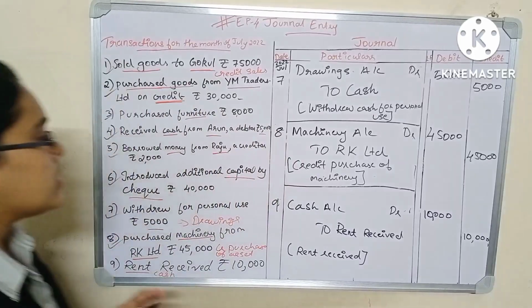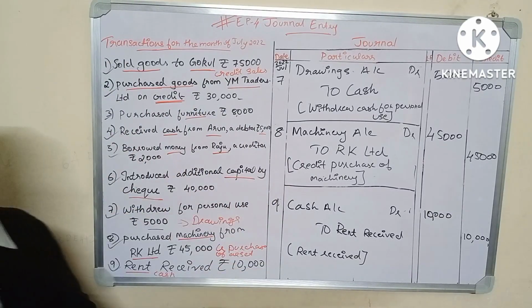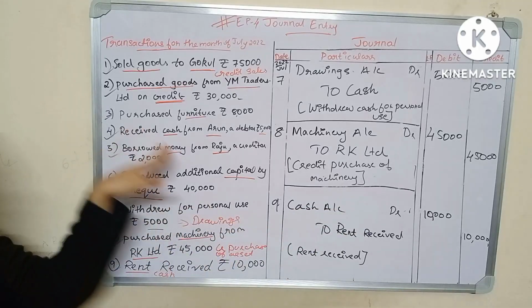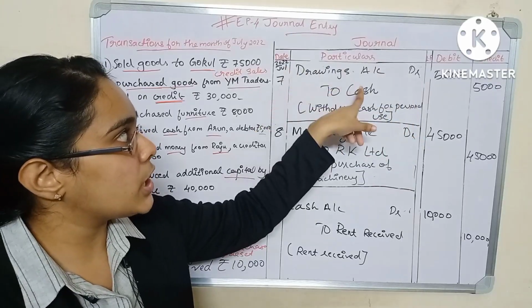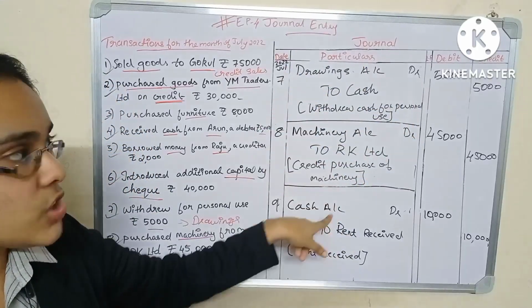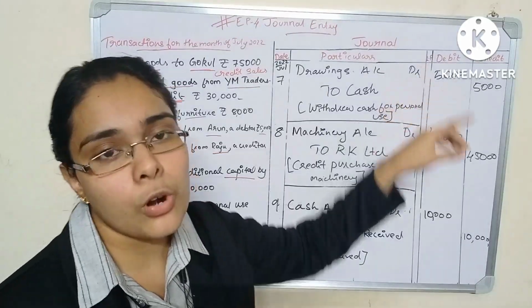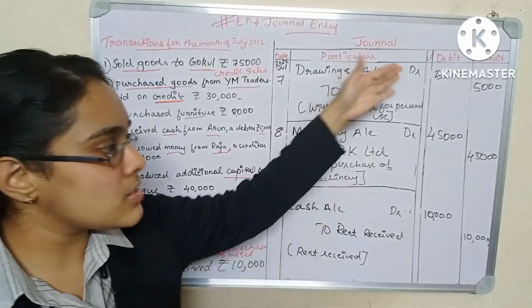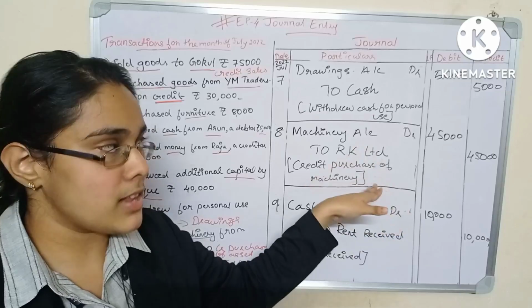Okay, rent received. So these are the typical types of journal entries that you may come across. In this session, I have taught you how to write a journal entry with the format. What is the format? Date, particulars. Particulars is the column where you write the journal entries. Then you have a ledger folio. I forgot to explain that. In practice, when you're studying, this column is left blank, but you should provide it for the purpose of format.